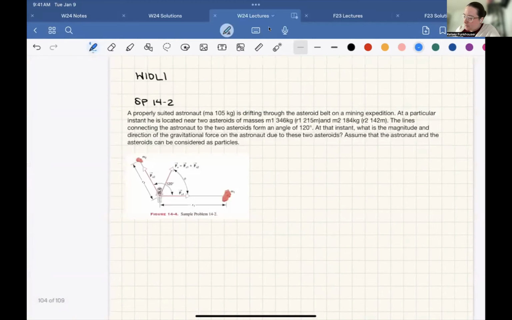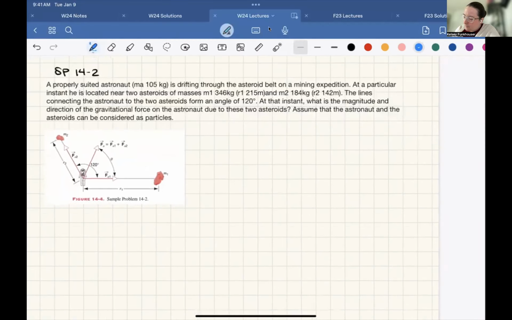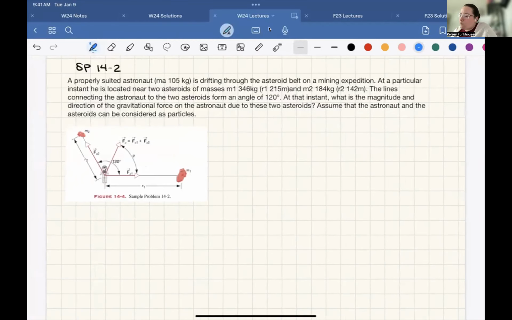Okay, let's go to the next question. For this one, we have an astronaut with a mass of 105 kilograms drifting through the asteroid belt on a mining expedition. At a particular instant, he is located near 2 asteroids: M1, 346 kilograms, R1, 215 meters, that's the distance between them. And then mass 2 is 184 kilograms.